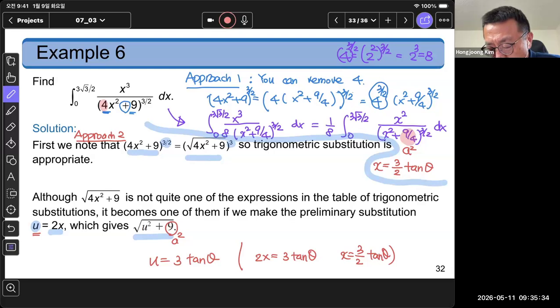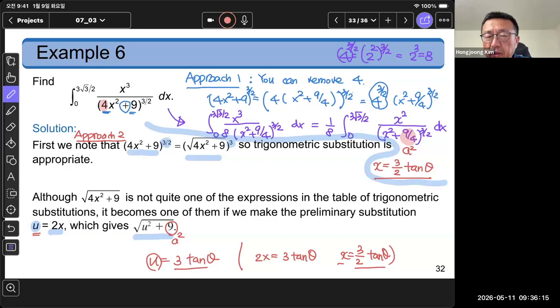So if you replace u with 3 tangent theta, that is equivalent to replacing x with 3 half tangent theta as in approach 1. Okay, but some people may feel approach 1 is easier, but there may be some other students who feel the second approach seems to be easier for them. Okay, so whatever approach is fine.